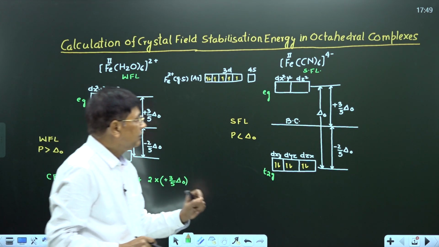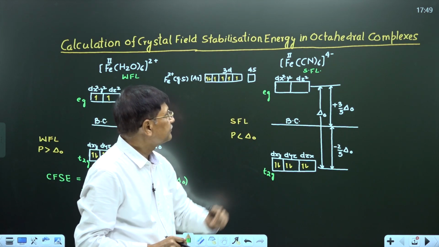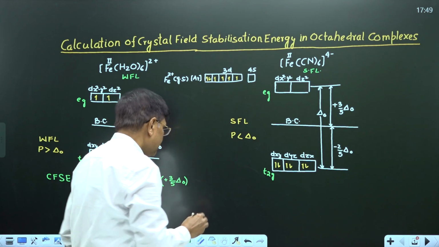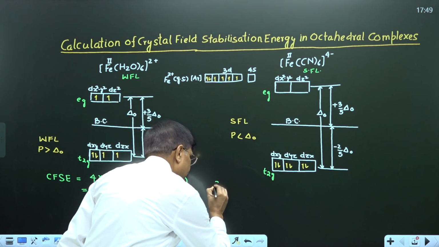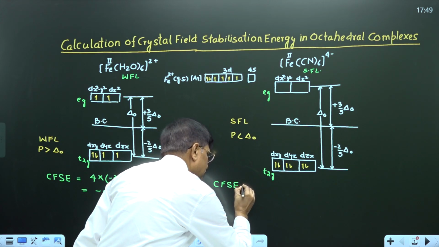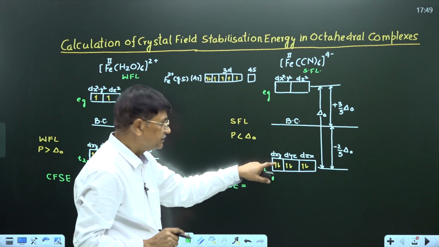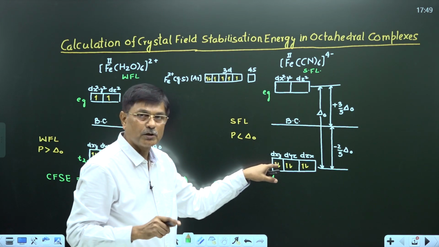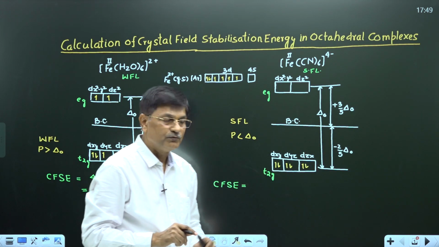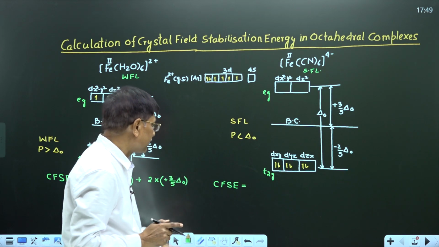Now, I will find out the CFSE value for this other complex species in which ligands are strong. So, students, CFSE value will be equal to, again in this case, each electron of T2g orbital has been stabilized by minus 2 by 5 delta O with respect to barycenter, and there are no electrons in the Eg orbitals.